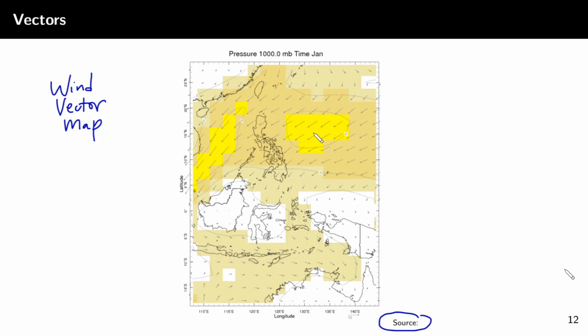And so actually ang nire-represent nitong mga vectors na to, for example, this arrow here is the velocity. And velocity is a quantity which is a vector. So it has both magnitude and direction. So the magnitude will be the speed of the wind. So how fast the wind is blowing. And then the direction will be, of course, kung saan papunta yung wind na yun. So those are examples of vectors.